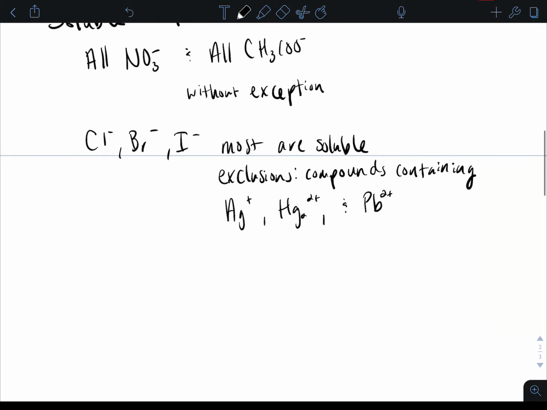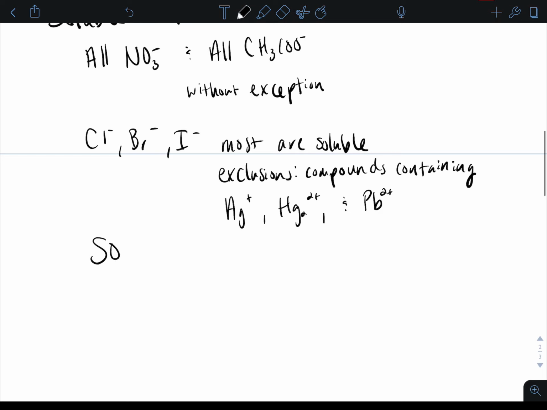And then our last example is sulfate. This has a high charge, but it's a very big polyatomic ion, so a lot of them are going to be soluble, but not all of them. Most are soluble, except those with silver, barium 2+, mercury 2, or lead 2.